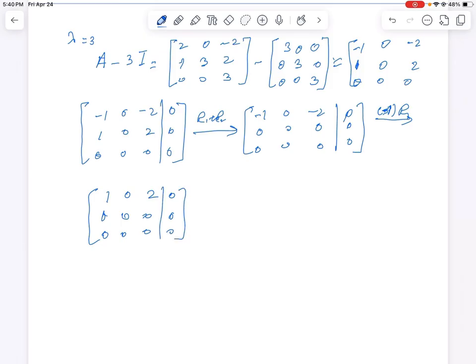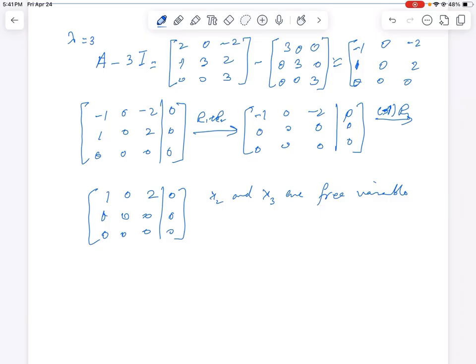So this is telling us that we have a pivot in only one column, so we have free variables x2 and x3. Remember, the others which are not free are called basic variables.